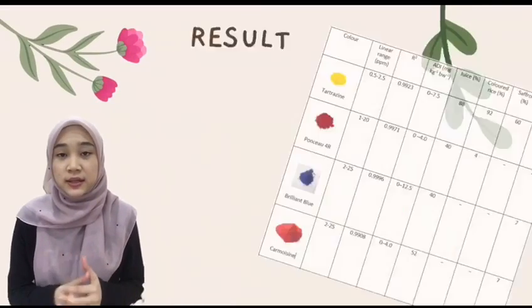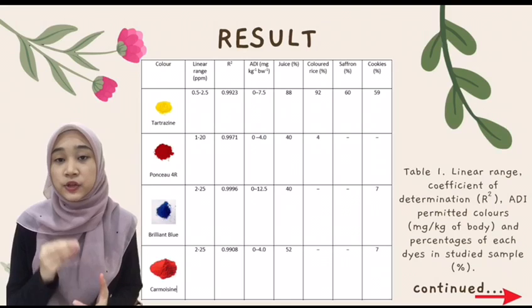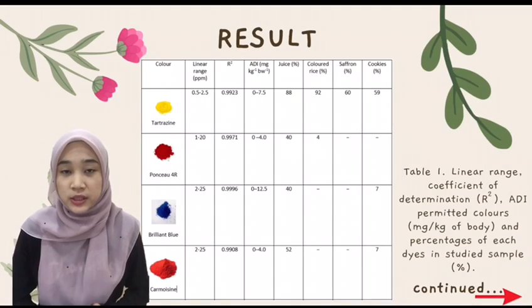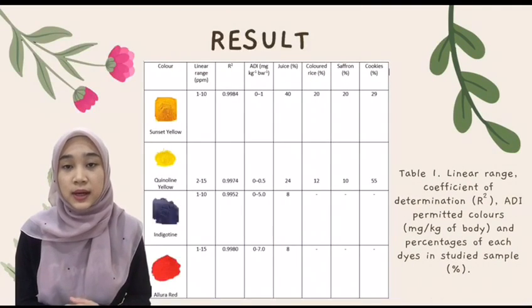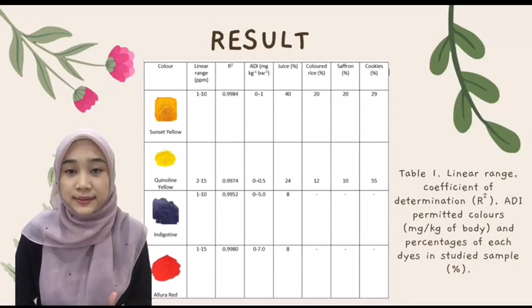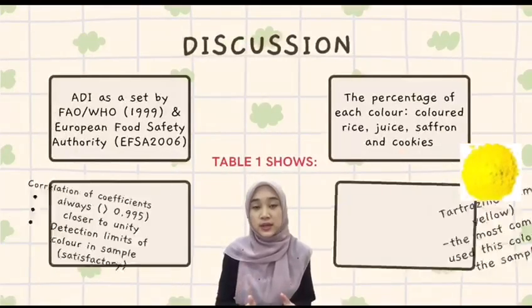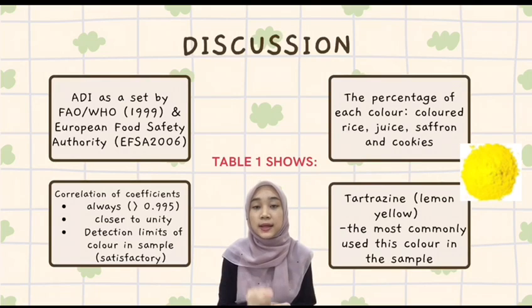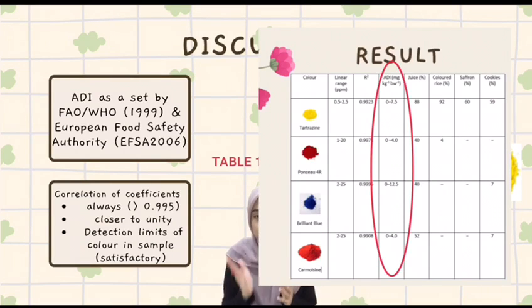As you can see here, Table 1 represents the linear range, coefficient of determination, ADI permitted colors, and percentage of each dye in the studied samples. Table 1 shows the corresponding ADIs as set by the FAO or WHO and the European Food Safety Authority, the ones that I circled.